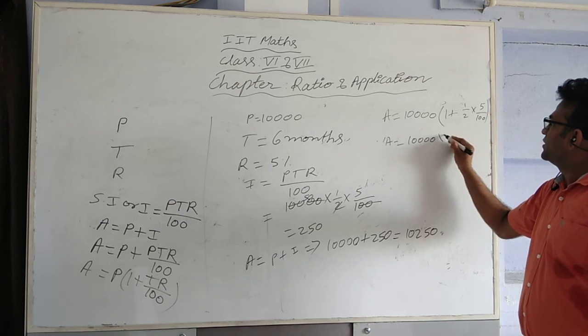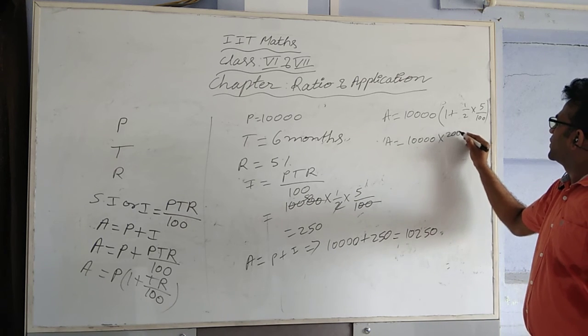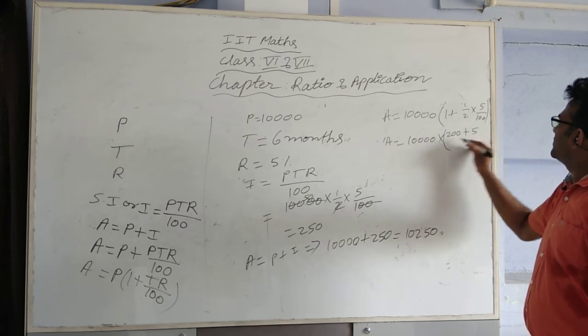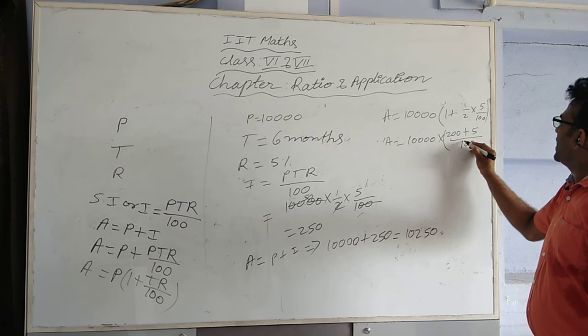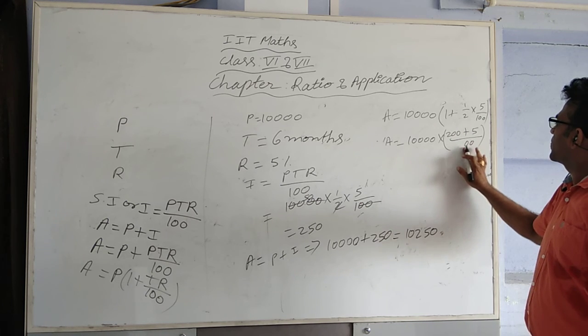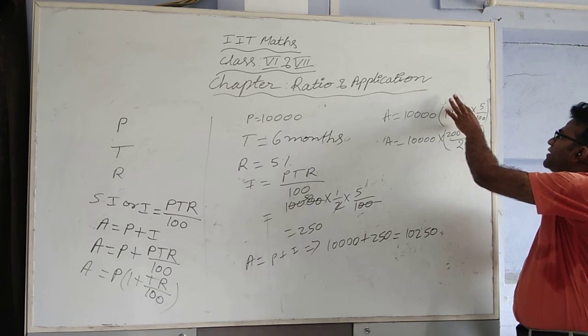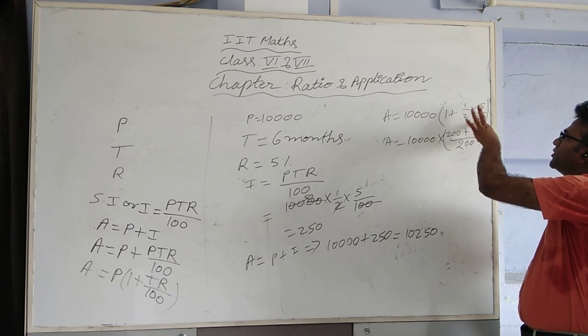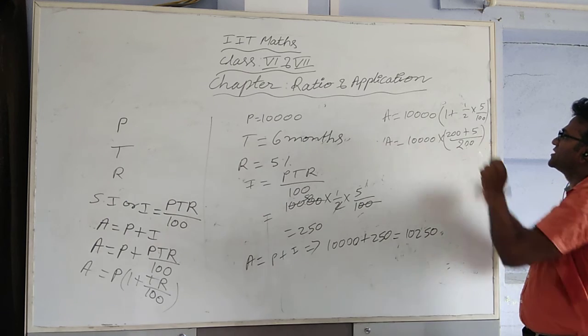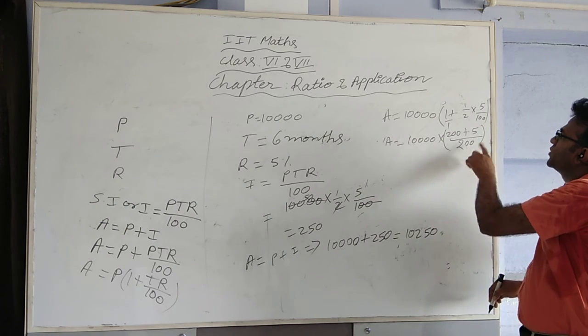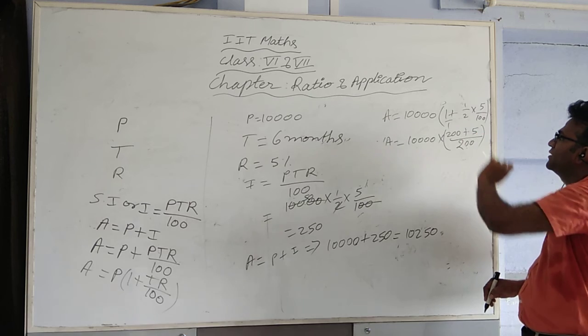10,000 into 1 plus 5 by 200. 5 into 1 is 5, 2 into 100 is 200. LCM is 200. 200 into 1 is 200, plus 5.